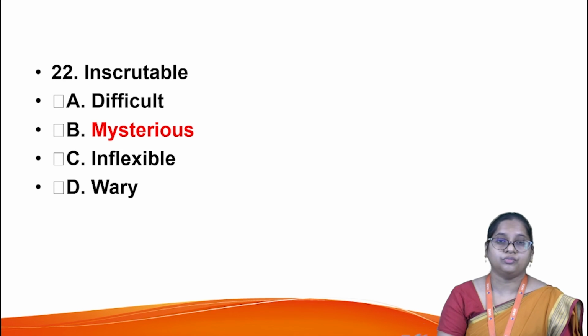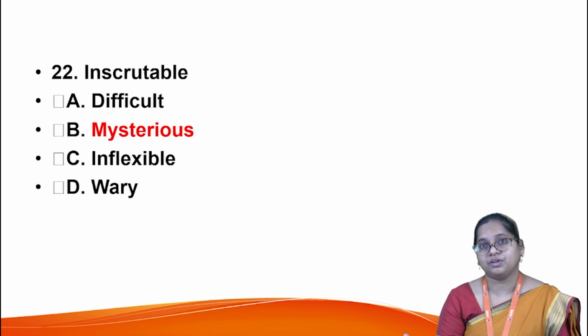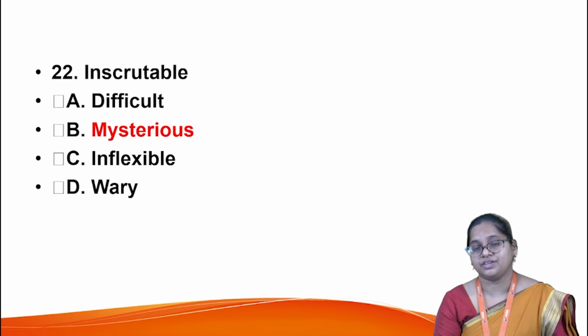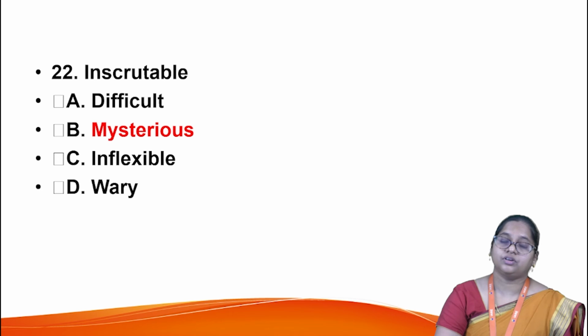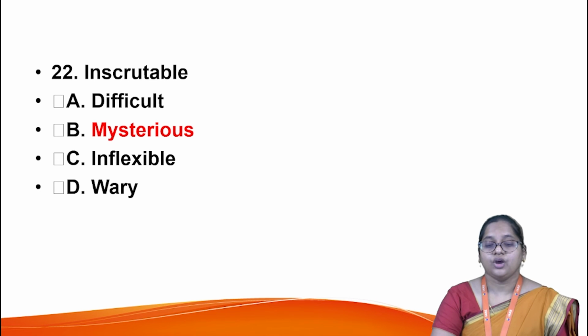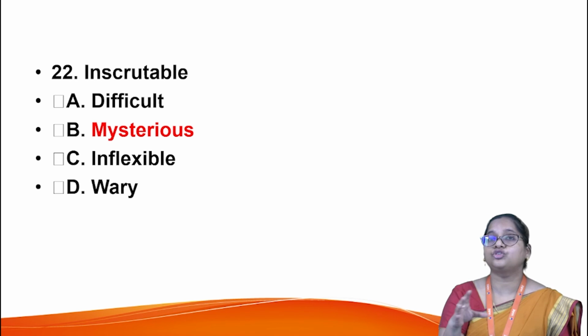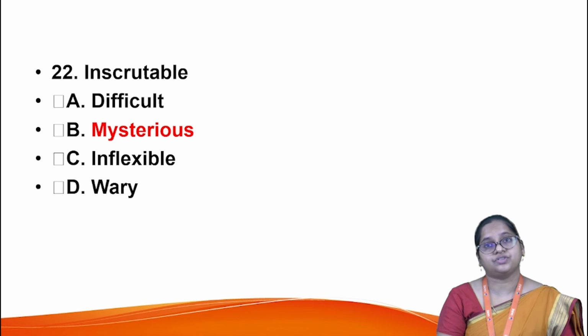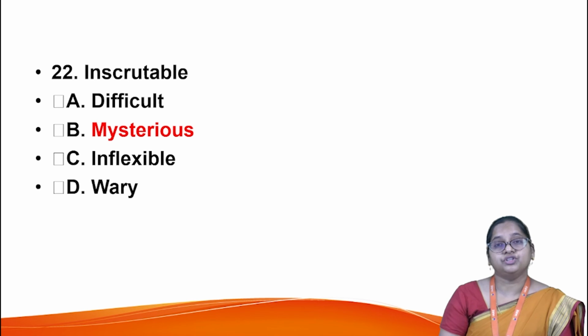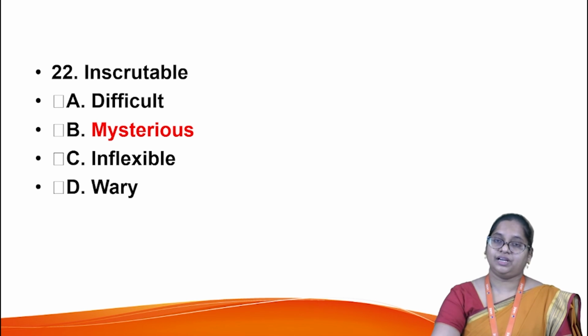Flexibility is being very adaptable, very changeable. Inflexible, not changing easily, not being adaptable. So that is not the sign. So you can say inscrutable mystery, an inscrutable issue, something which you are unable to detect very plainly and easily. So that is a sense of it.